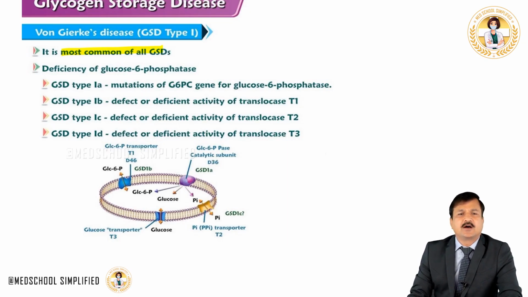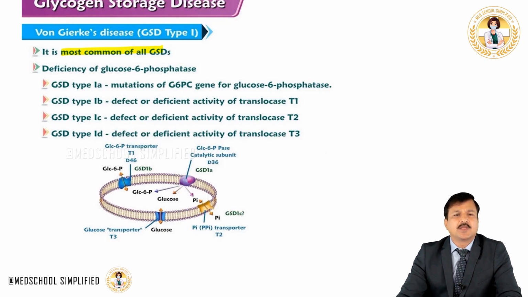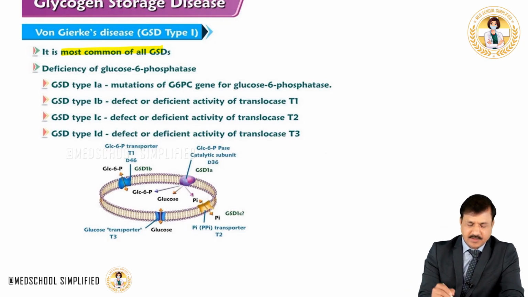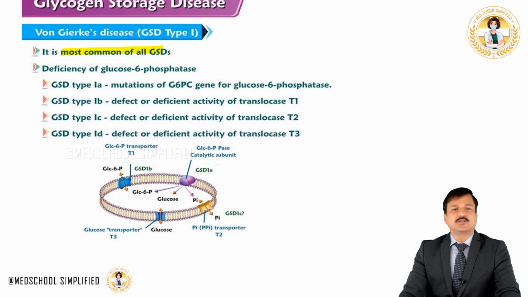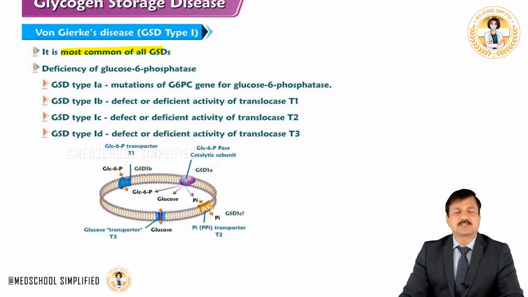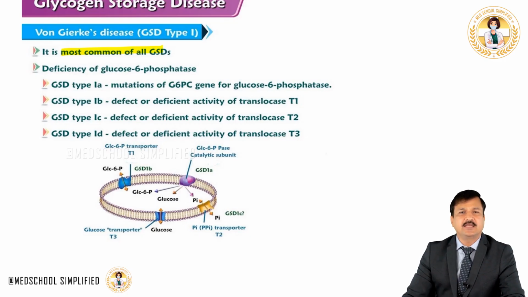Now to understand the subclassification of glycogen storage disease type 1 into 1A, B, C and D, we need to understand how exactly the glucose 6-phosphate that is there in the cytoplasm is handled, especially during glycogen degradation and the gluconeogenesis process.